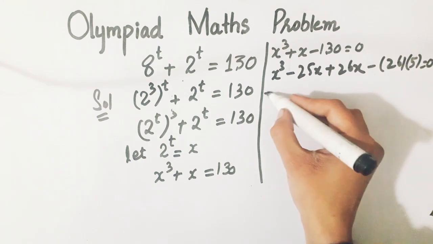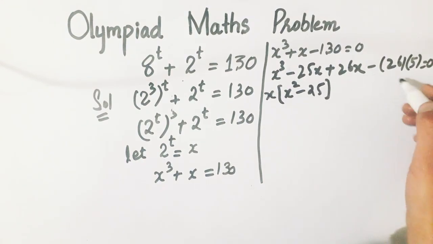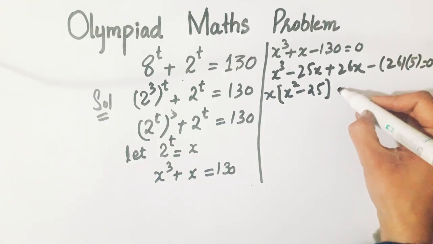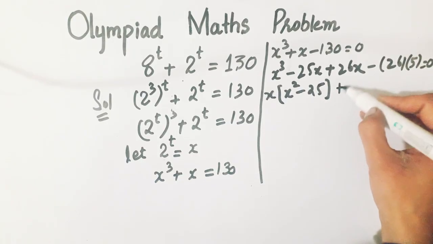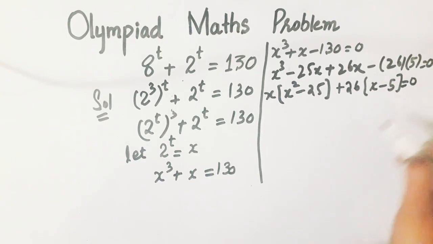Now we can take x common from the first two terms, so remaining is x square minus 25, and from the rest we can take 26 as common and remaining is x minus 5, equals 0.